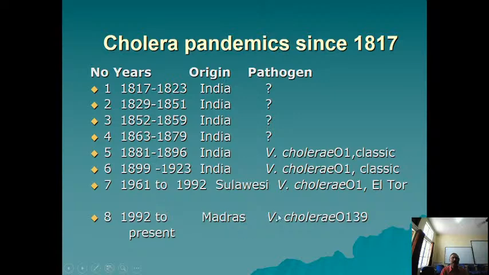Then we had another pandemic which started from Sulawesi, and this was again Vibrio cholera 1 El Tor. Then from 1992 we had another outbreak which started off from Chennai, earlier called Madras, and this outbreak was Vibrio cholera O139, which is the current strain all over the world.